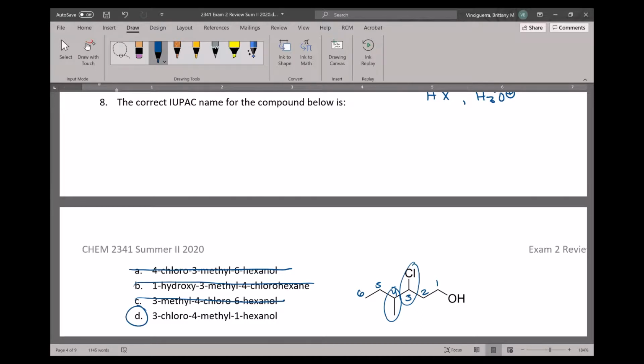There is this option here as well. I probably meant to put the numbers correct on this one because it says 1-hydroxy. Make sure that you know that since this is an alcohol, it has to end in OL. So that's how you were meant to pick from this. I'm pretty sure I meant for this to say 4-methyl-3-chloro. That's the only way that works with that numbering. So D is correct.